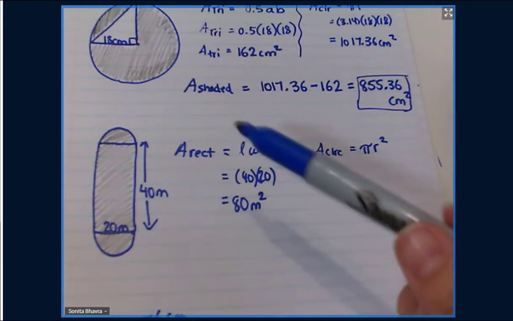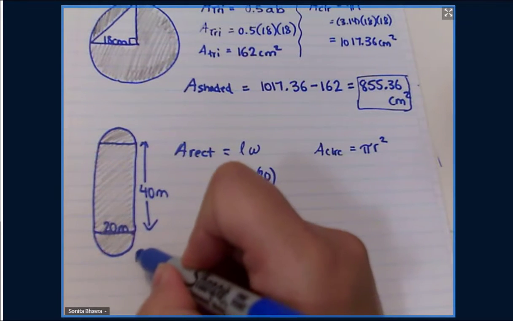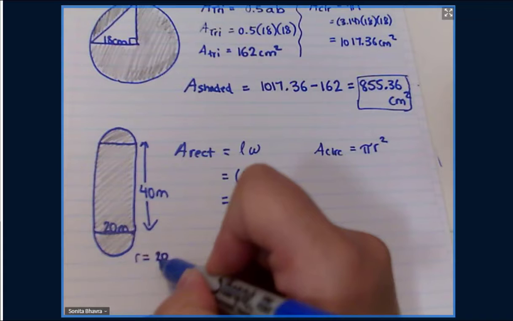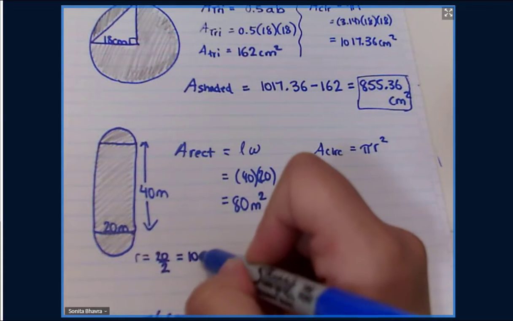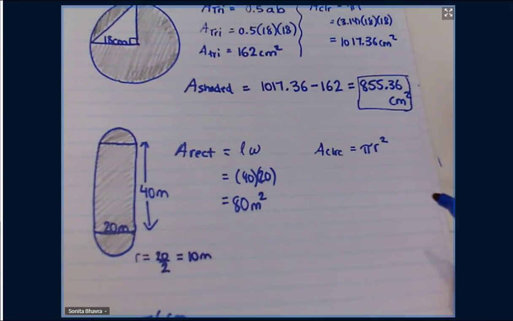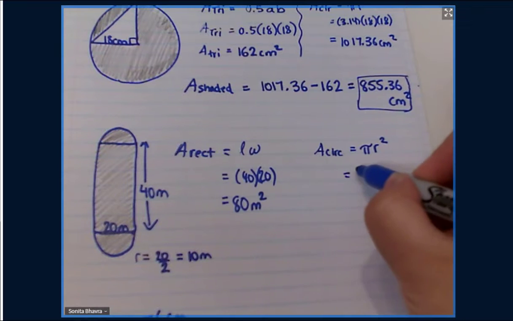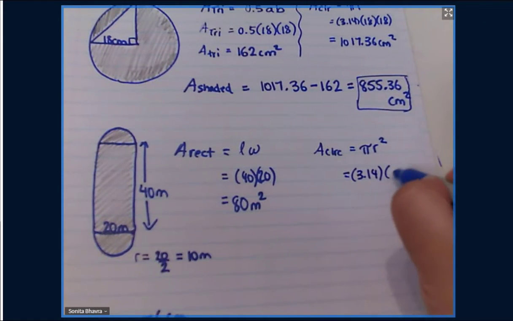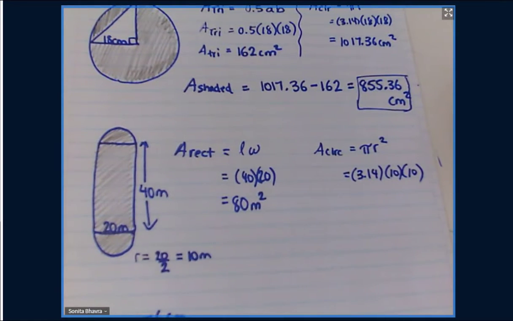That is our radius, 10 meters. Pi, we're just going to use 3.14. Our radius is 10, so r squared is 10 times 10. Multiplying that out gives me 314 meters squared.